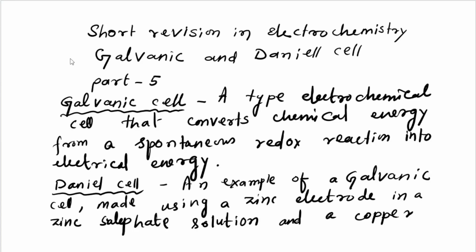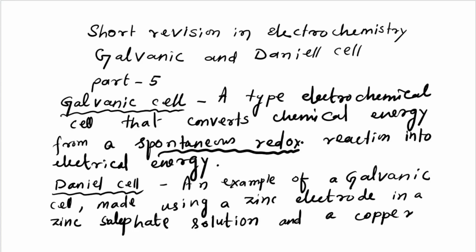This is an electrochemical cell which converts chemical energy to electrical energy, and the reaction should be a spontaneous redox reaction. Redox reaction means oxidation and reduction both take place, and here chemical energy is converted to electrical energy. An electrochemical cell consists of two half cells.